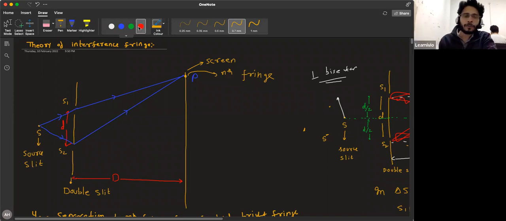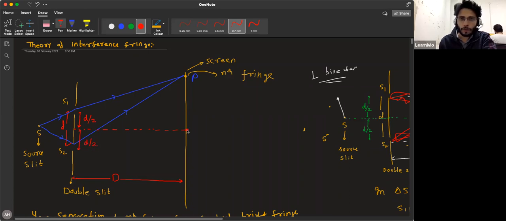And if I take the perpendicular bisector, say this separation is d, so I'm taking a perpendicular bisector from here. Which means this separation is d by 2, and similarly this separation is also d by 2.